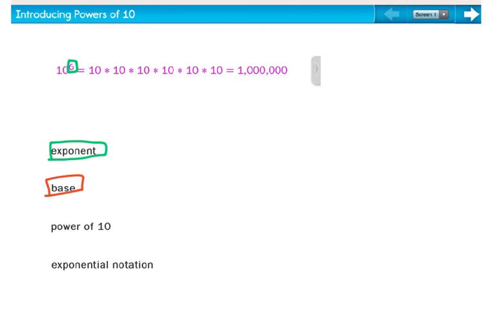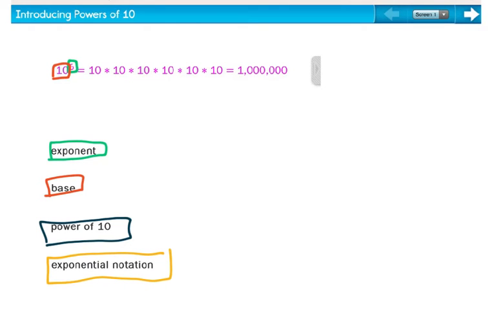Base is the number 10 here. We are going to only deal with base 10 in this lesson. We also call these powers of 10. And lastly, exponential notation, which you see is that whole thing right there.